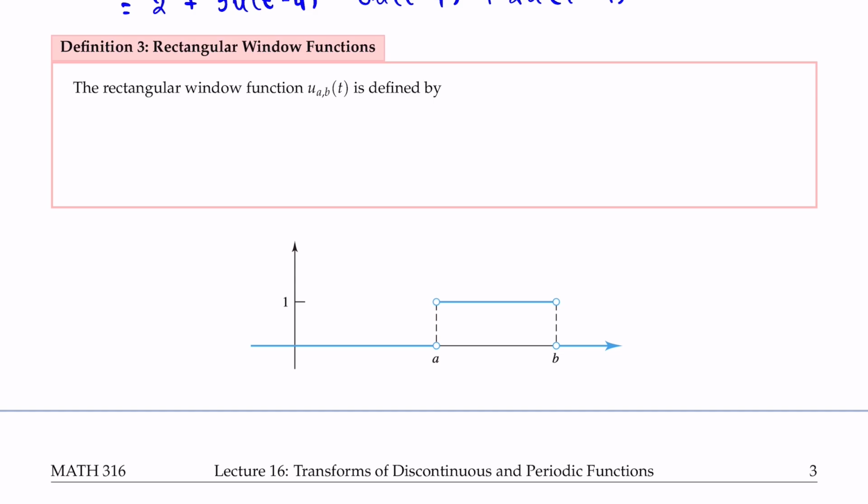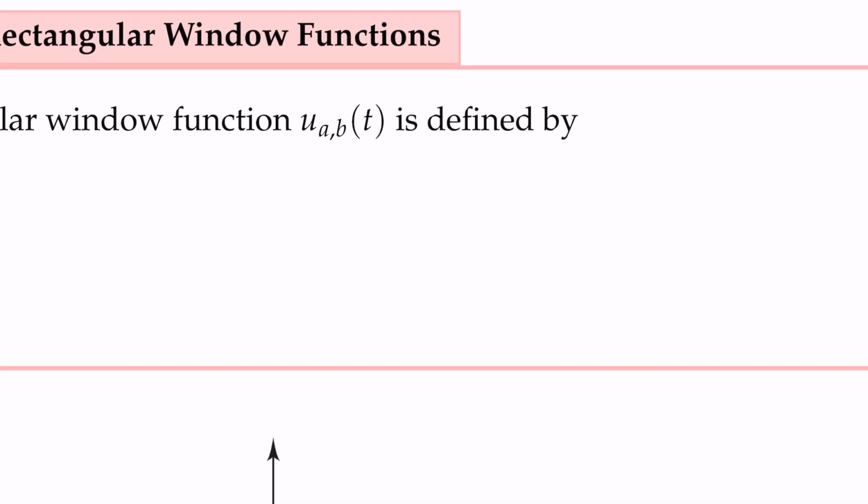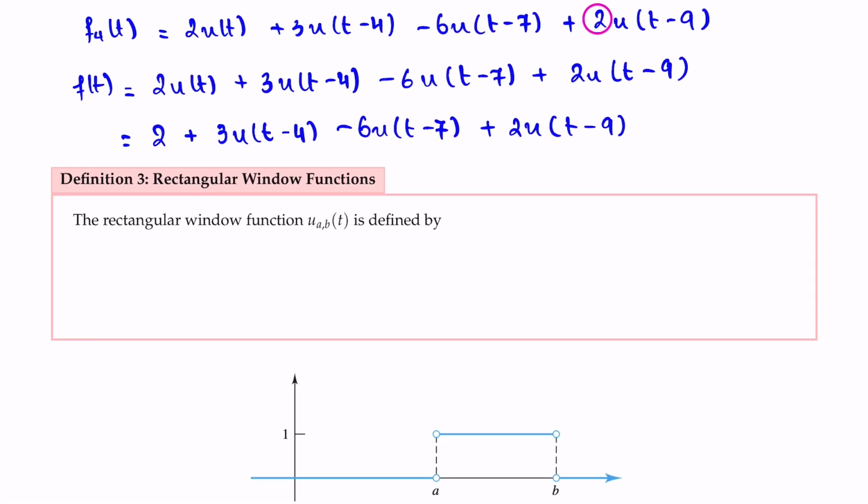The rectangular window function is denoted as u sub a,b, where a is the left bound and b is the right bound. The function is defined as follows: u sub a,b of t is defined as u of t minus a minus u of t minus b.